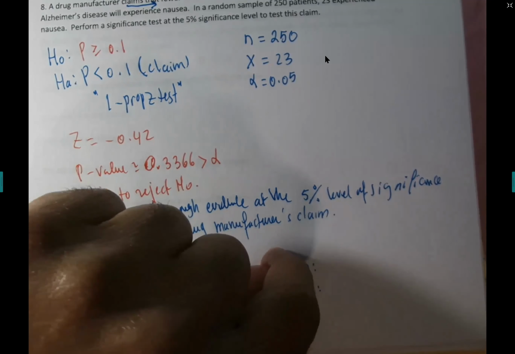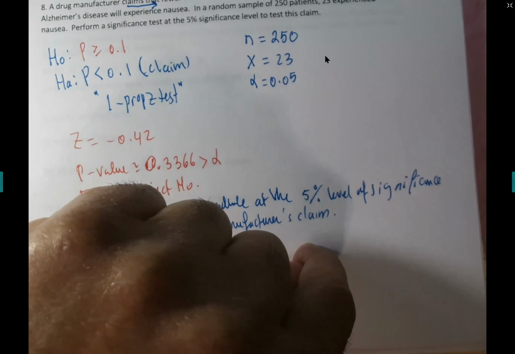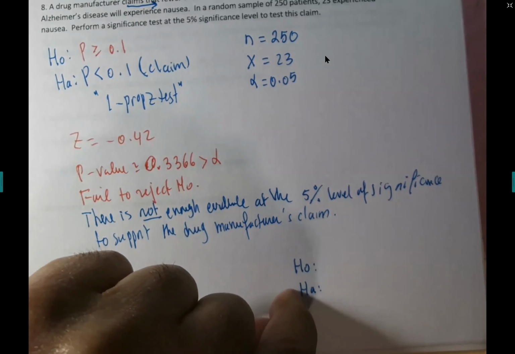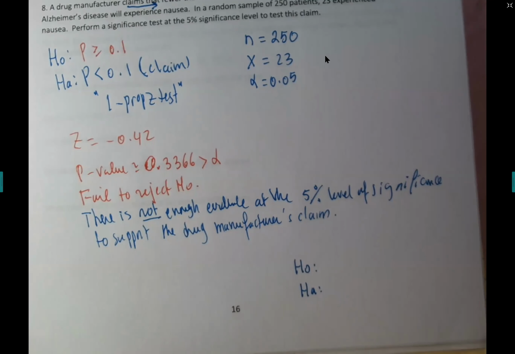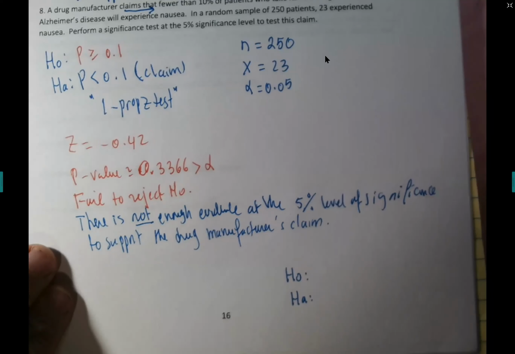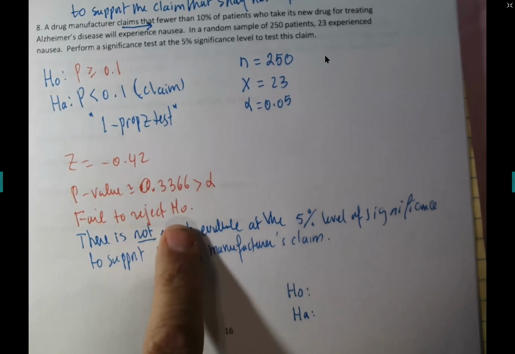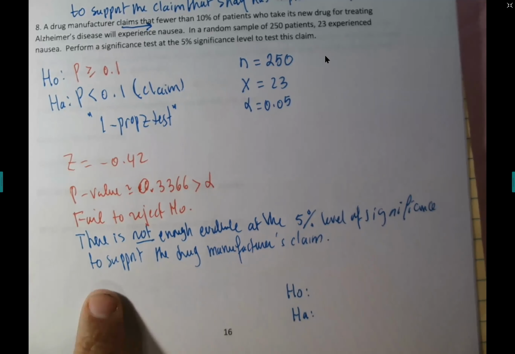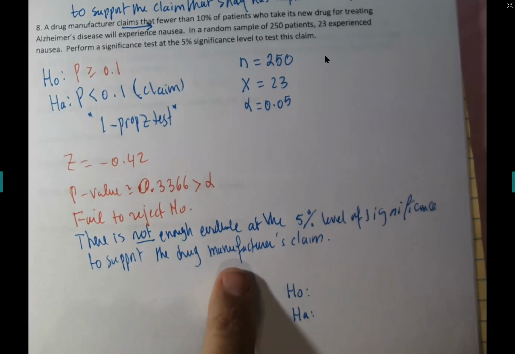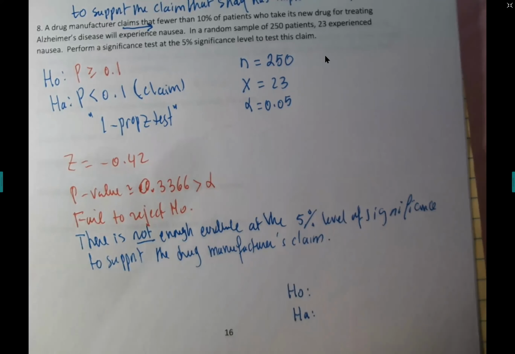But when you say I cannot reject H0, fail to reject H0, then you cannot support Ha. That's it. So here, since we failed to reject H0, there is not enough evidence at the 5% level of significance to support the drug manufacturer's claim.